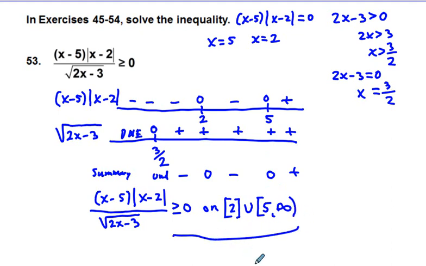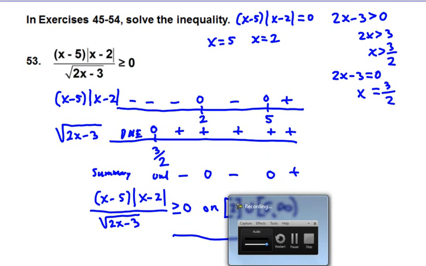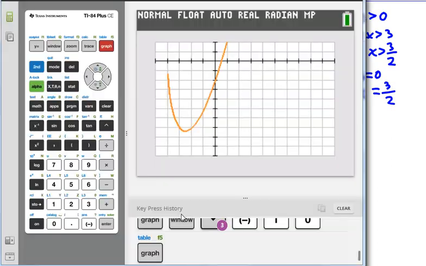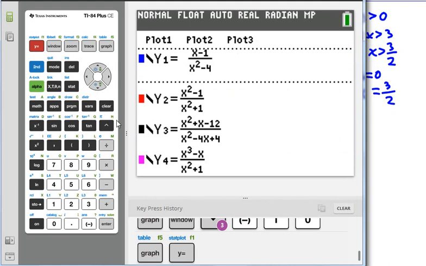And so I'm going to go ahead and check that in a calculator really quickly just to be sure, because I don't want to be telling mistruths if at all possible. Okay, so let me clear that one.